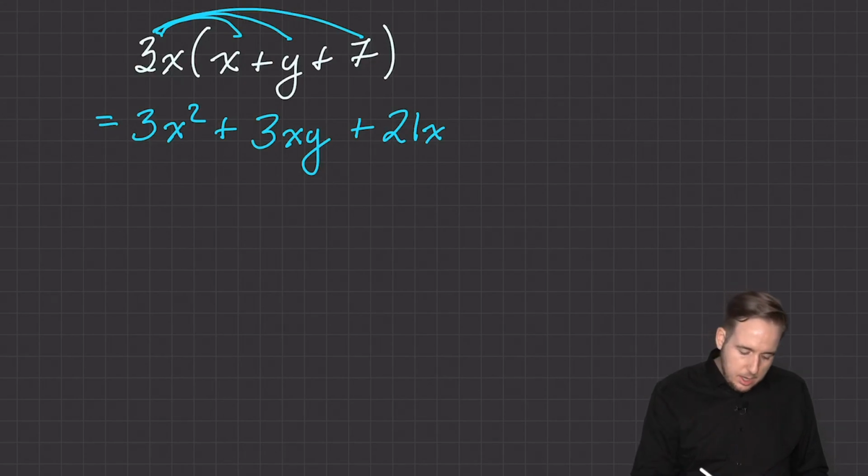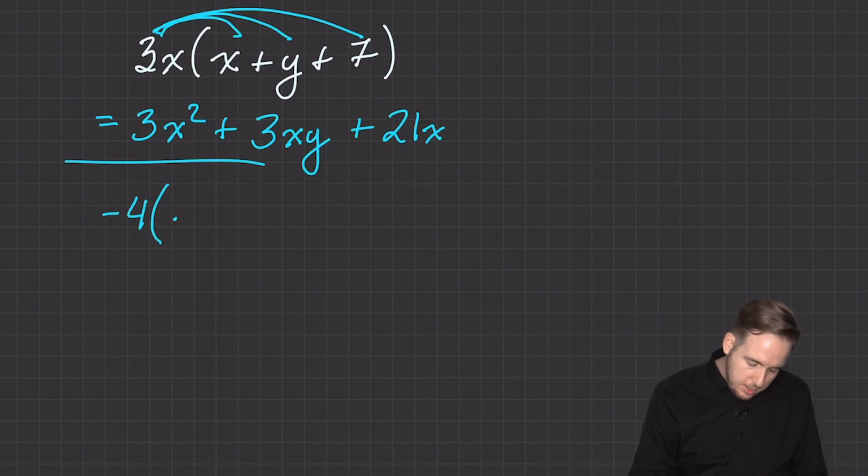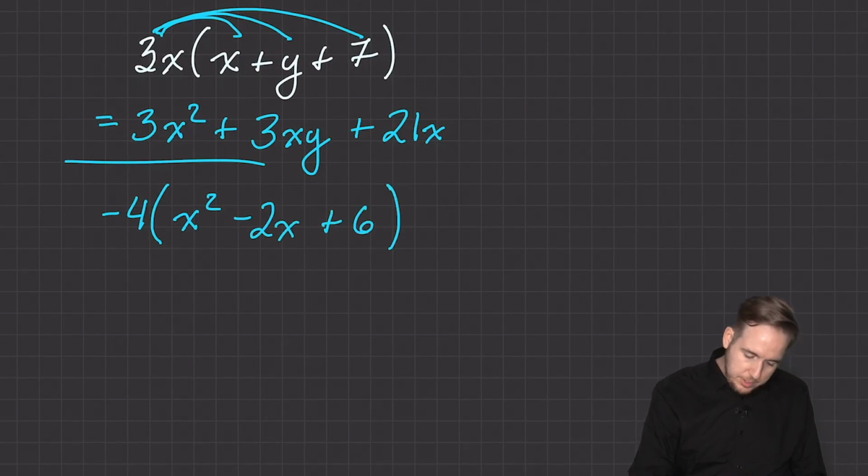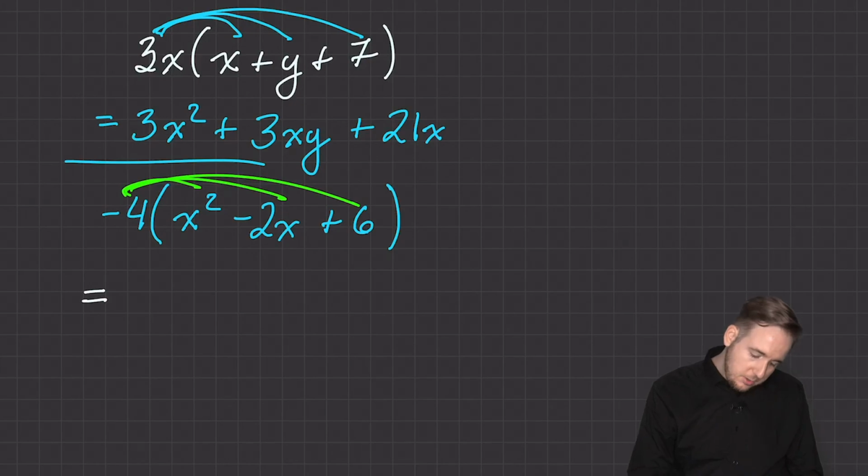something like that. What about if I have, say, a negative 4, let's write that there, times (x squared minus 2x plus 6). Okay, I'm running out of colors here, but that's all right. So negative times a positive is a negative. 4, this one is 4, x squared is x squared.